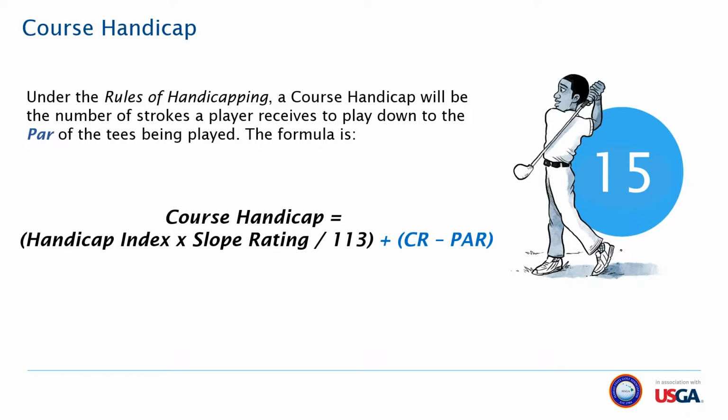Oftentimes when you were doing that calculation, there was a lot of confusion as to the adjustments, so it's a welcoming change as it makes it a lot easier, where you don't have to do any additional work.